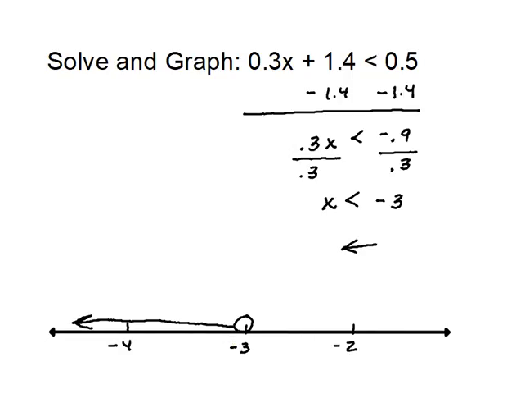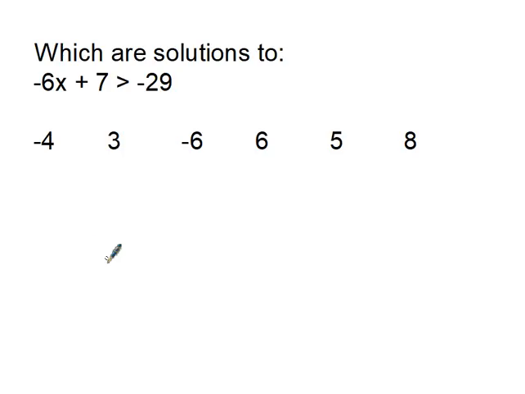All right, we have one more thing to look at. You'll often see a question that asks which are solutions to an inequality like this, and you have to choose all answers that apply. So here are all the possible answers to find which ones are the right ones. You can do this a couple different ways.